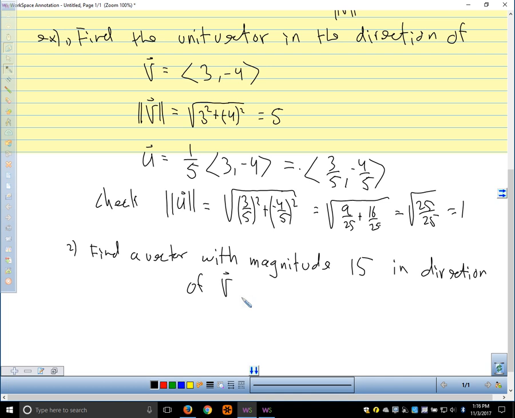Yeah? Just multiply our unit vector by 15. Our unit vector points in the direction of v. It has magnitude 1. We want our new vector to have magnitude 15, so we can say our new vector is 15 times 3/5, negative 4/5.